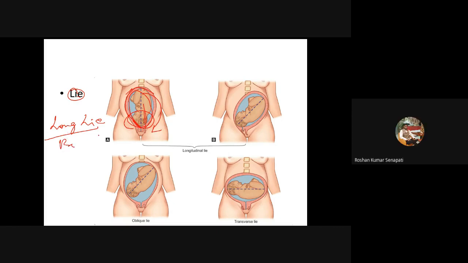Understood? When the longitudinal axis of the fetus is lying obliquely, this is the maternal axis, and this is the axis of the fetus. So what kind of lie is this?